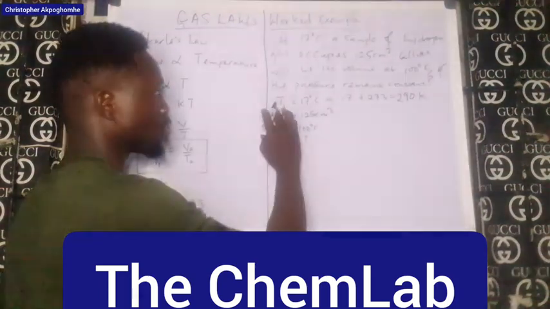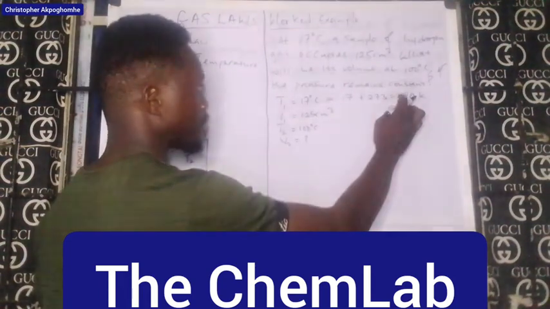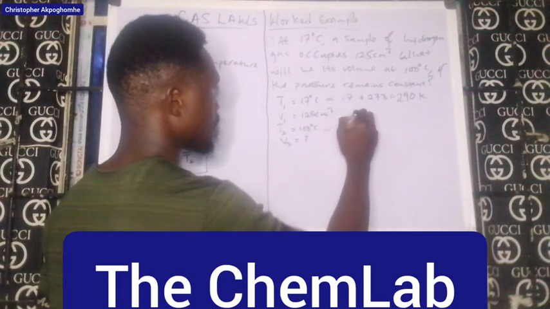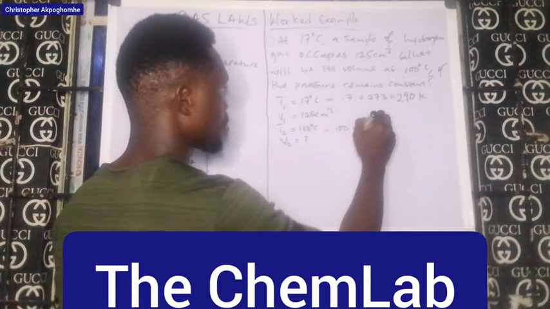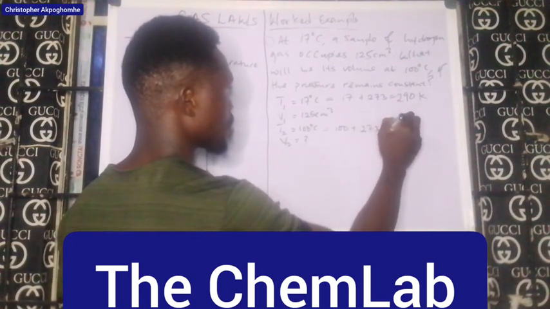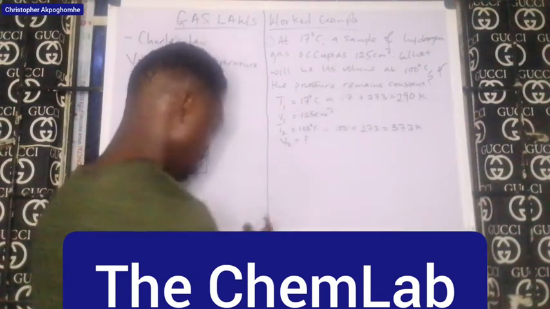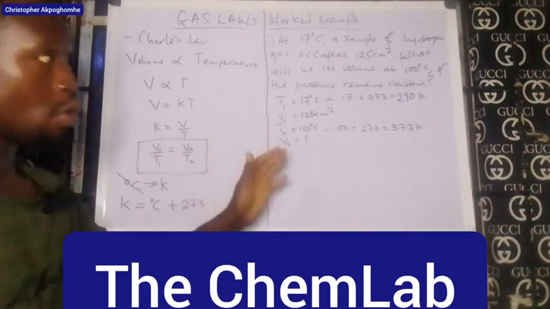So we have converted T1, 17 degrees Celsius, to Kelvin. It's now 290. Then let's convert 100. So we have 100 plus 273, which is 373 Kelvin. So before we start solving, we have to convert it first.